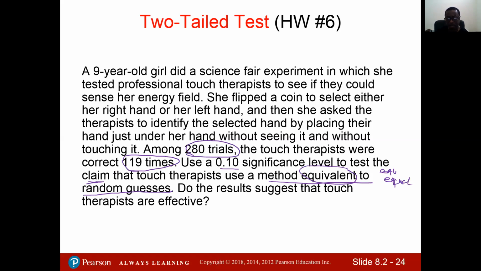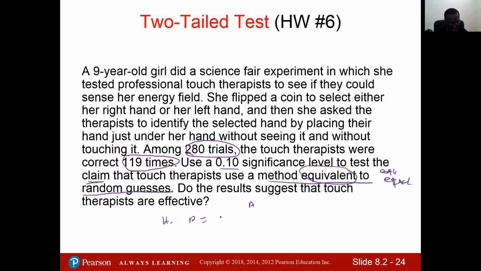So it satisfies the three requirements: the 280 independent trials, and the outcome is either they got it right or wrong, so there are two outcomes. Also, you have to know your H0.